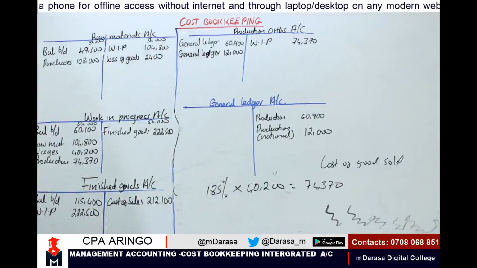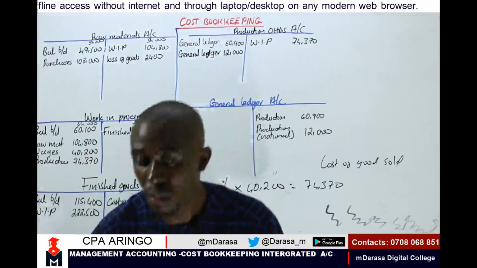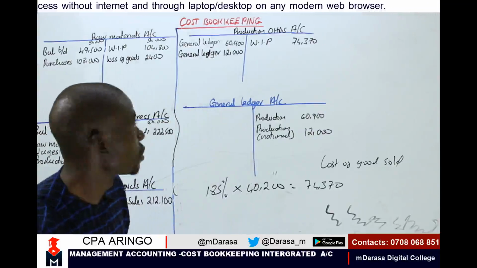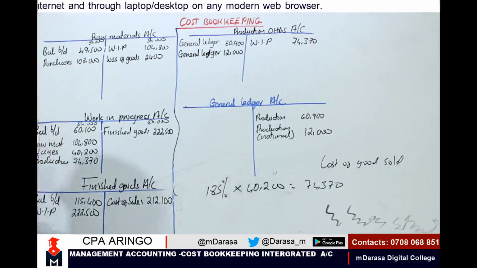So balancing our accounts, what will we be having? In our raw materials, clearing that account, just identifying our balances carried down.